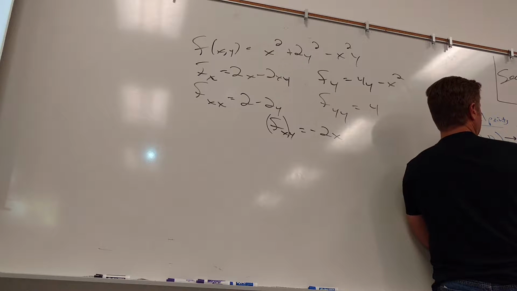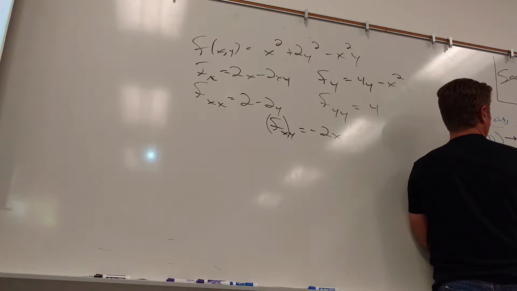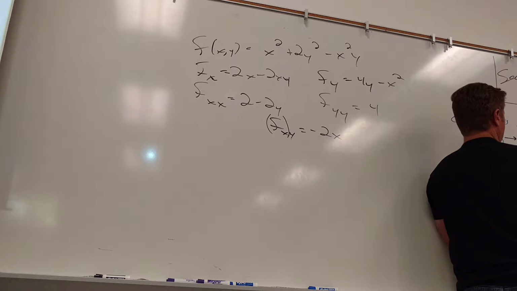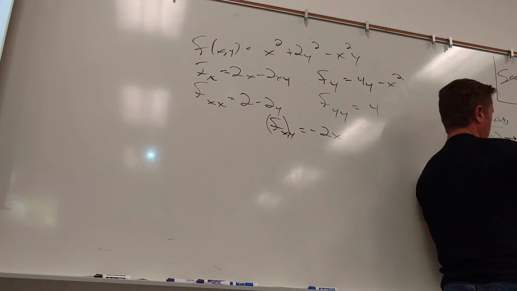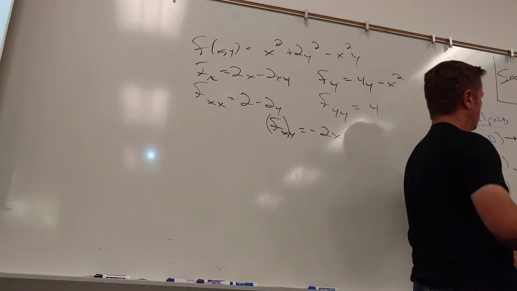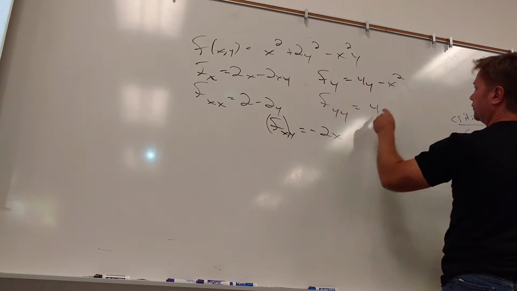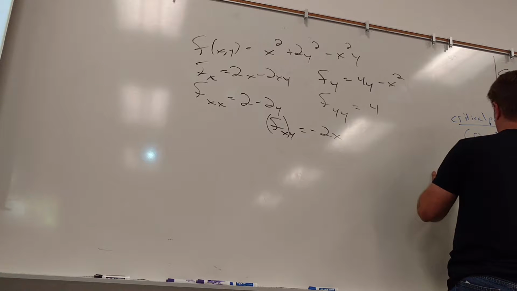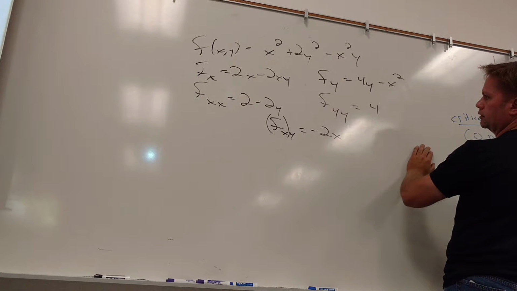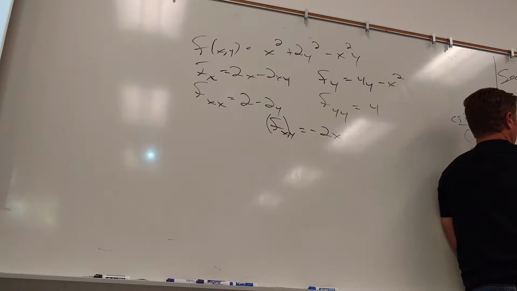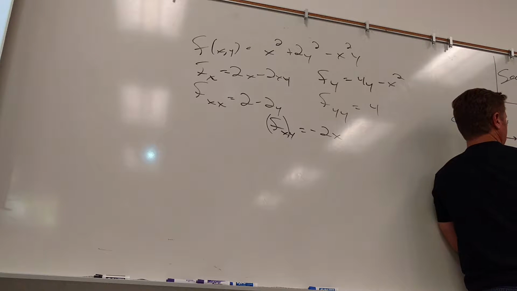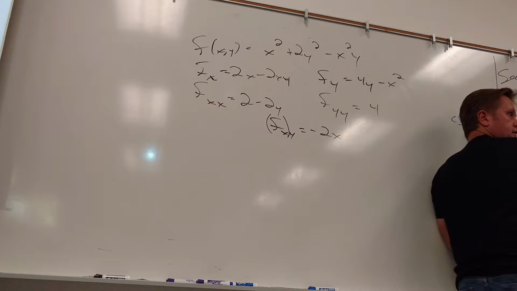What about this guy? fxx? 0. fyy? 4 everywhere. And fxy? Negative 4. Yeah, negative 4. So then when you do this, what's D come out to be? 0 minus 16.